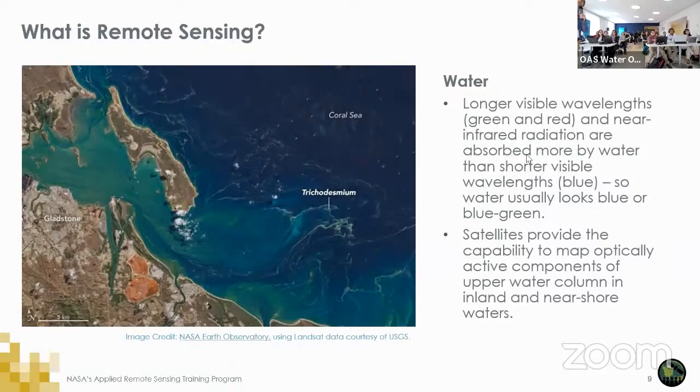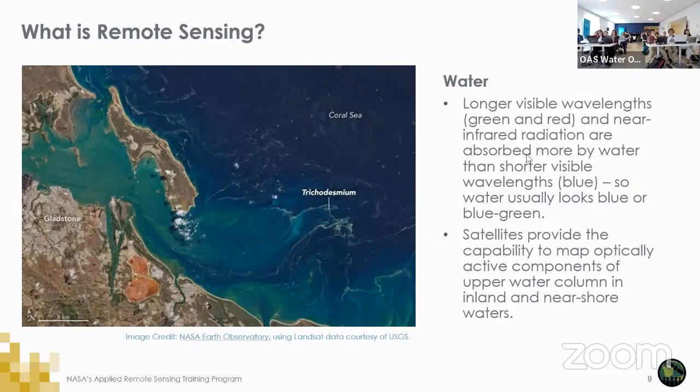Basically, the longer visible wavelengths, think of your reds and your near infrared that I just spoke to, are absorbed more by water than the blue and the green, which is why typically when we see water, those bands are being reflected, because the chemistry of the water is more reflective in those bands.